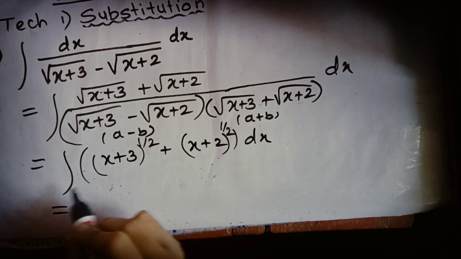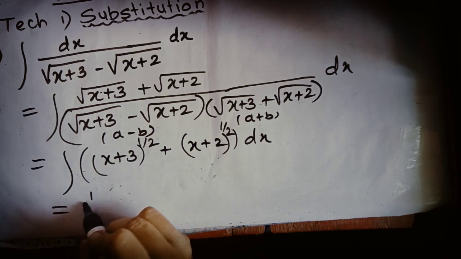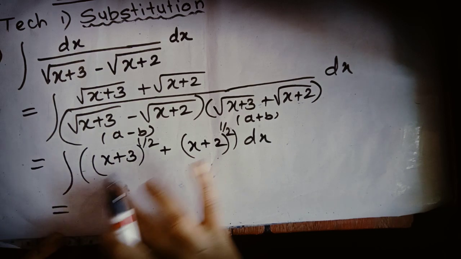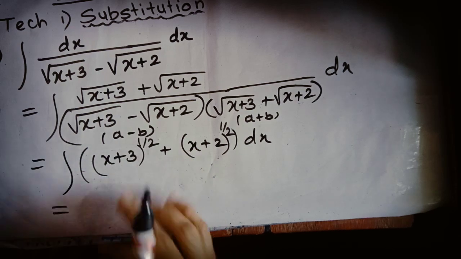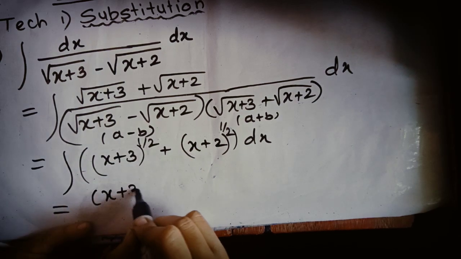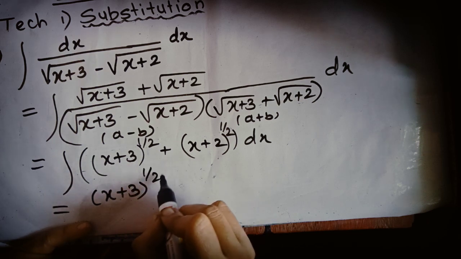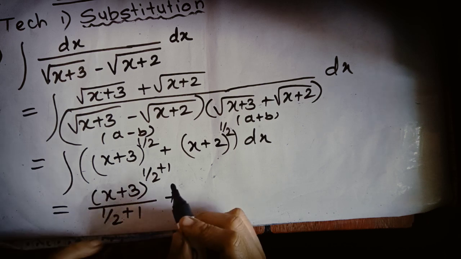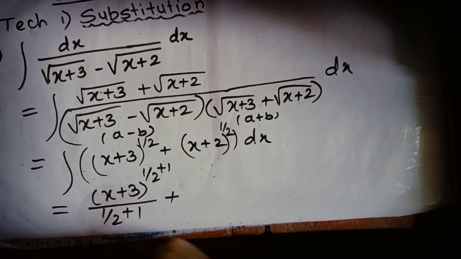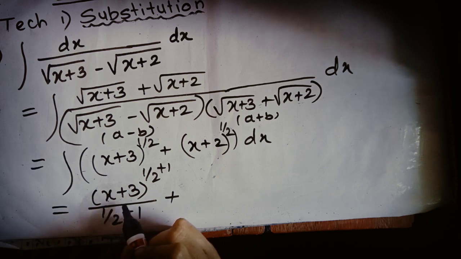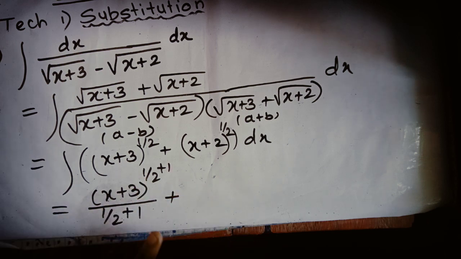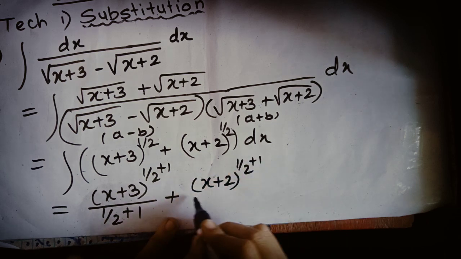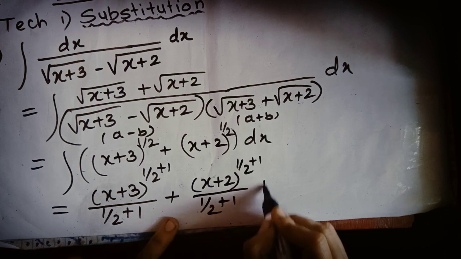Okay, so integral of x plus 3 raised to half is x plus 3 raised to half plus 1 upon half plus 1 plus, and the derivative you have to multiply in the denominator. Now the derivative of this function is only 1, so I have not written it. Okay, x plus 2 raised to half plus 1 upon half plus 1 plus c.